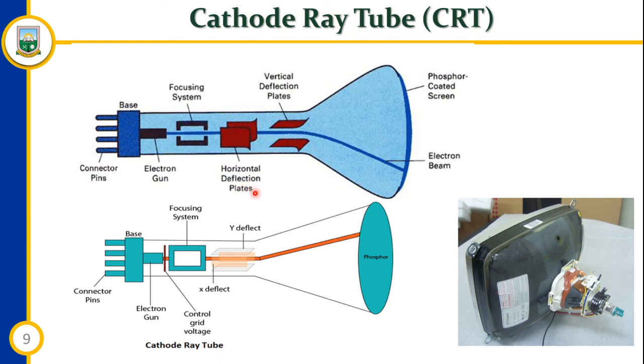Then we have the horizontal deflection plate to help guide it horizontally, and eventually we also have the vertical deflection plate to help guide the ray vertically to enable it to hit the exact place on the screen, which is coated by the phosphor coated screen. So this is the electron beam that is emanated from the back of the tube.